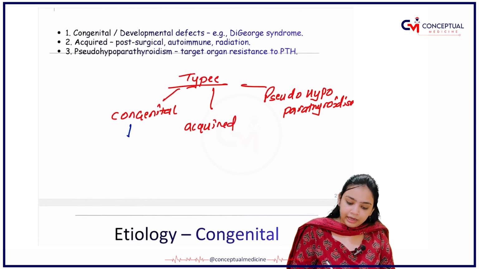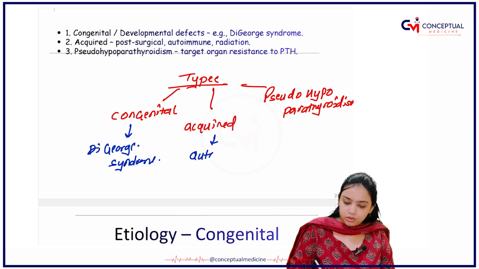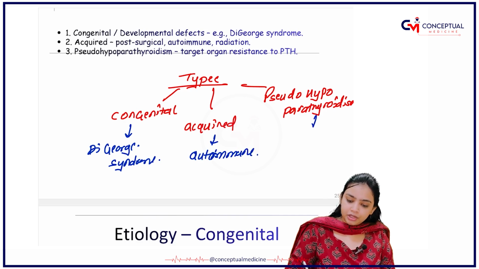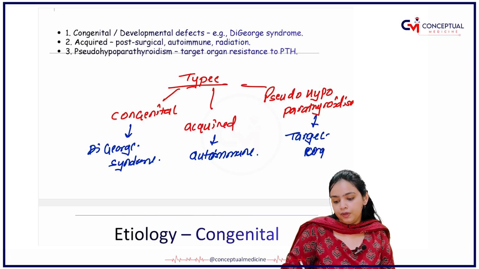In congenital, I am able to remember DiGeorge syndrome. In the acquired one, I am able to remember the autoimmune one. And in the pseudo, I remember that there is target organ resistance.